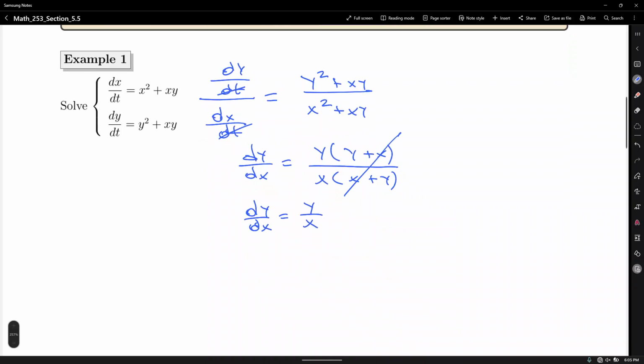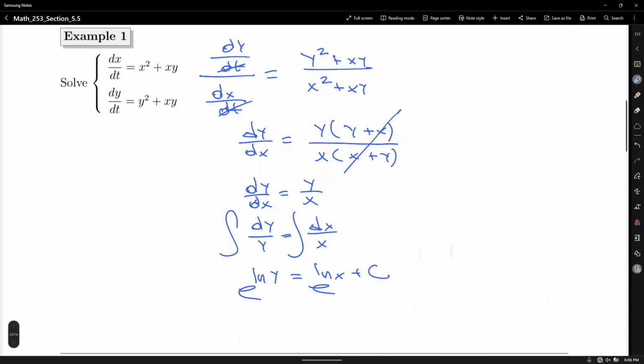So that'll be dy over y equals dx over x. Integrate both sides. That's ln of y equals ln of x plus some constant that I'm going to call c. And then I'm going to use a different constant later because we're dealing with a system in this case. Okay? And well, exponentiating both sides.